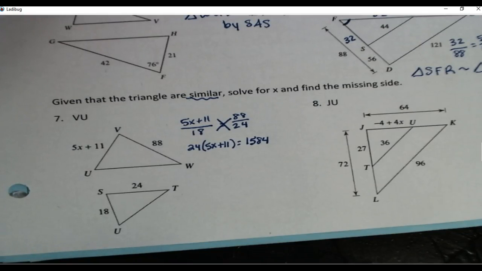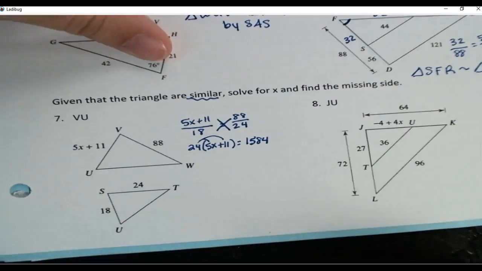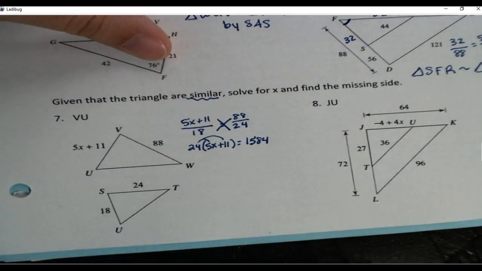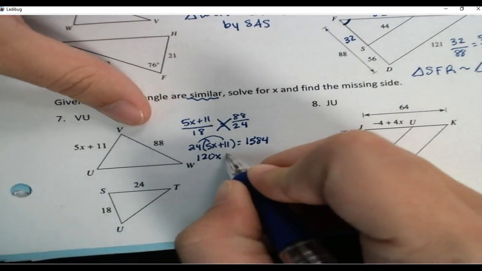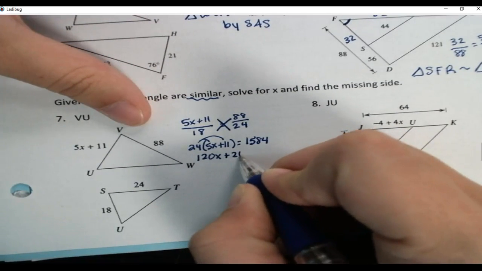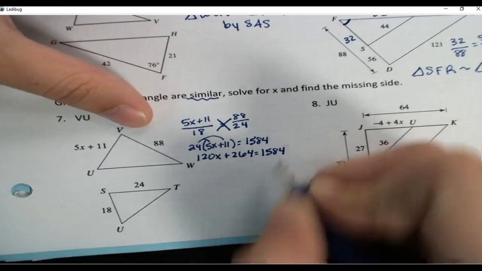Now, what you can do is divide both sides by 24 and get rid of that. Most of you will probably distribute it. It's fine, either way you get the same answer. So I'll distribute. That gives me 120x plus 264 equals 1584.